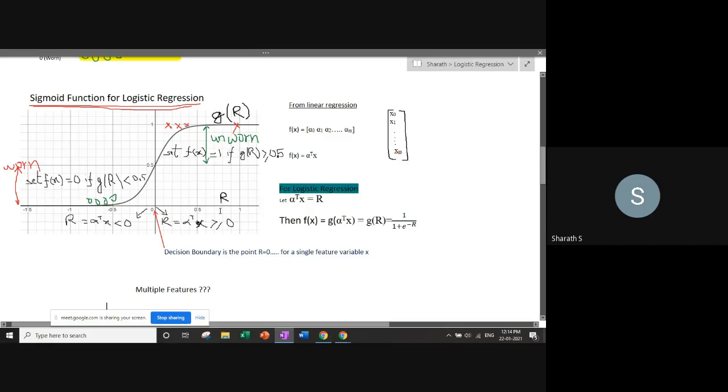Then the prediction that we are making, f(x), is nothing but 1 over 1 plus e raised to minus alpha transpose x. So this value on the sigmoid curve is our prediction. Instead of going on a line, the prediction goes on this sigmoid curve.